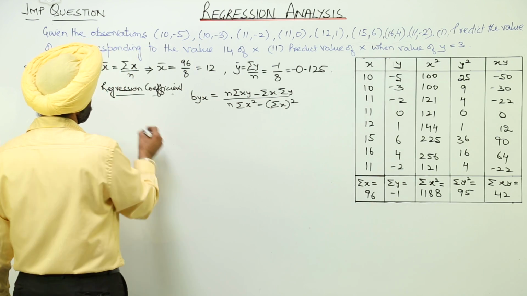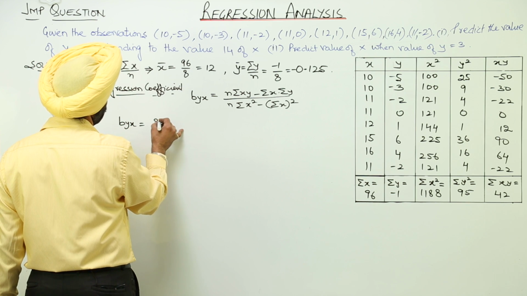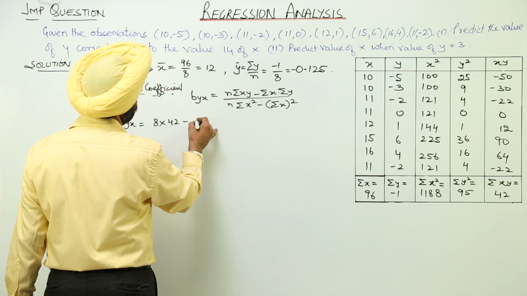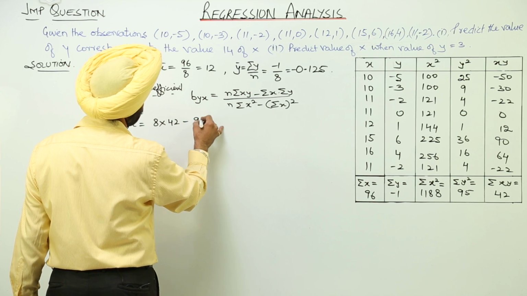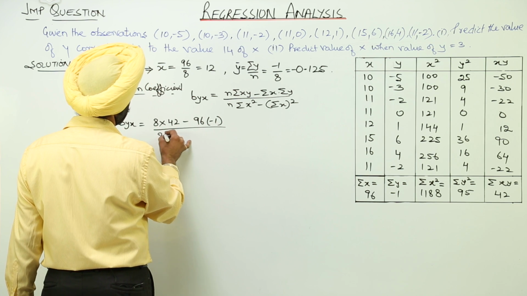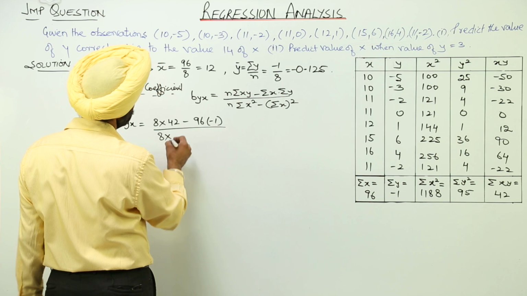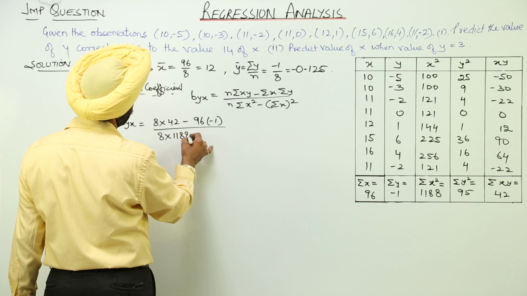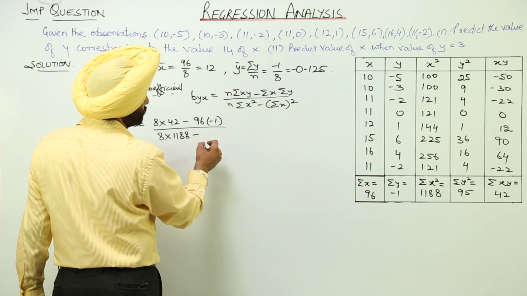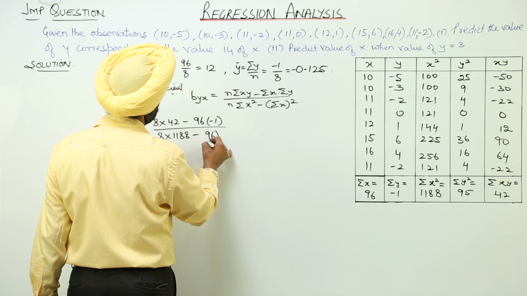Now, 8 with summation of xy 42, minus summation of x 96 with minus 1, upon 8 times x square 1188 minus summation of x whole square, 96 whole square.